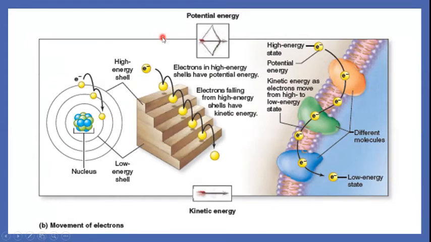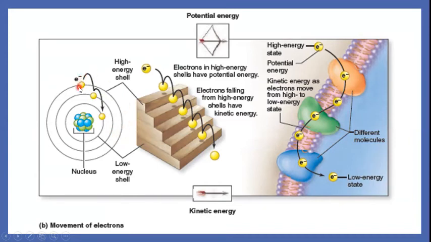Potential energy is also present in the high energy shell of an atom. An electron that is in the outermost shell has a much higher energy level than those in the next ring in and the ring closest to the nucleus. The low energy shell will be the innermost, and the higher energy shell will be the outermost.